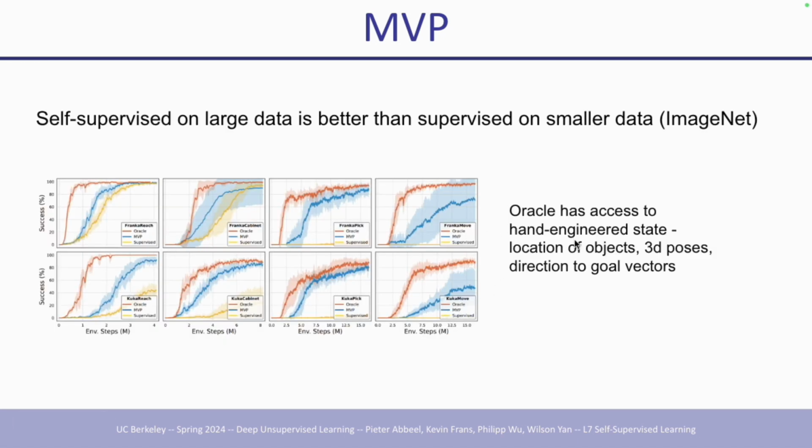This figure is a little bit small, but effectively you can see that MVP is their model. This one in orange is using Oracle ground truth state, and yellow is scratch supervised. You can see that pre-training with the MVP features helps increase performance by a lot, getting pretty close to the Oracle policy, which has access to the ground truth states.